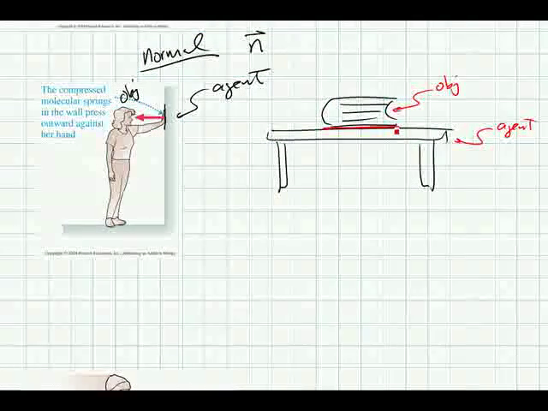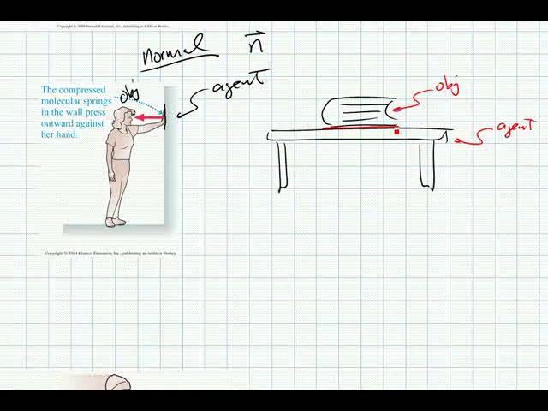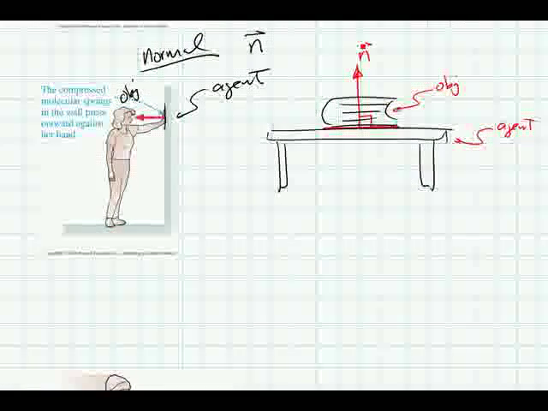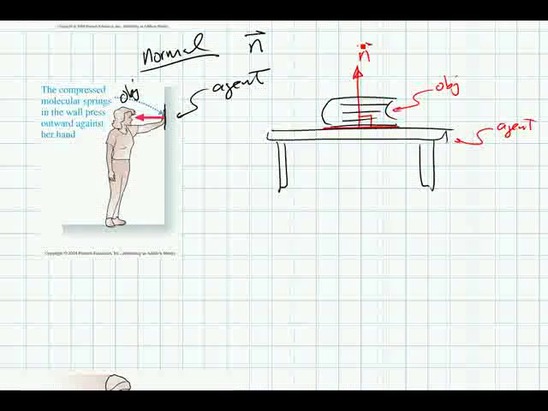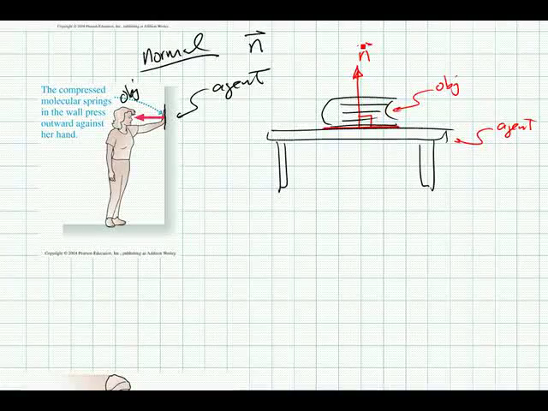There's contact between the book and the table, therefore there's normal force between the book and the table, and normal force will always be perpendicular to the interface between the two objects, and it will always point towards the object. Okay, so it's always perpendicular to the plane of interface and points in the direction of the object.